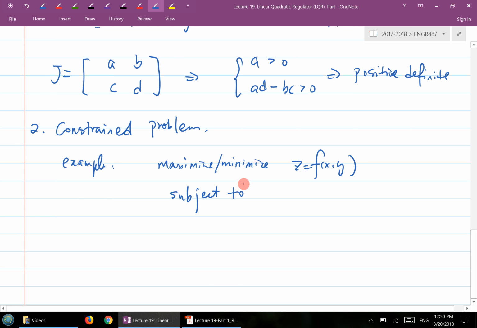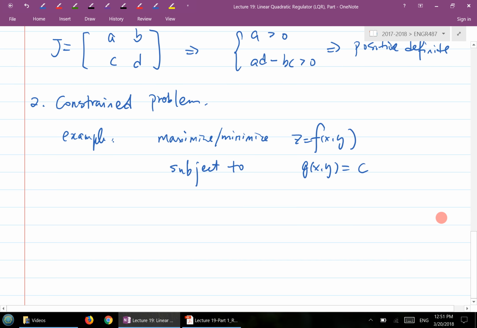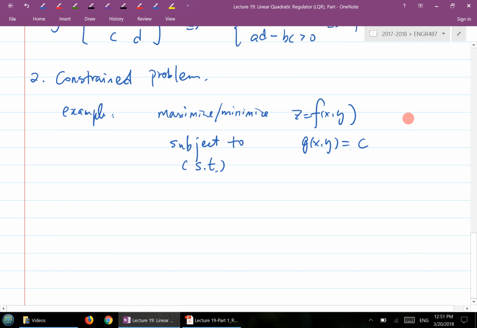Now we have a constraint: subject to g of x, y equal to c. That's the difference. You have a function of two variables, but now you have a constraint. Sometimes you just write s.t., subject to this constraint, and a lot of simple examples fall into this category.